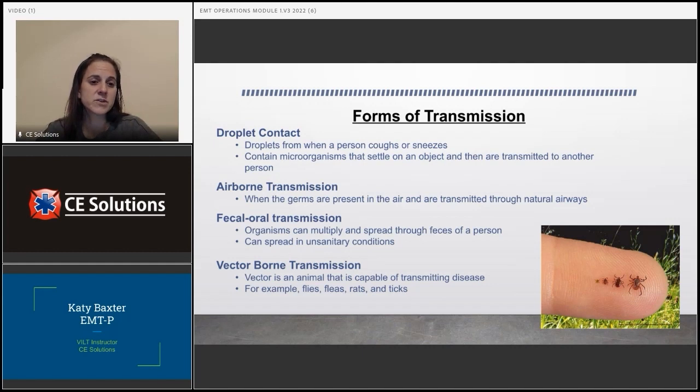Airborne transmission is when the germs are present in the air and are transmitted through natural airways. You're just breathing in. People are coughing and sneezing. It's in the air. Anyways, fecal-oral transmission. A lot of this is spread through the feces of a person.